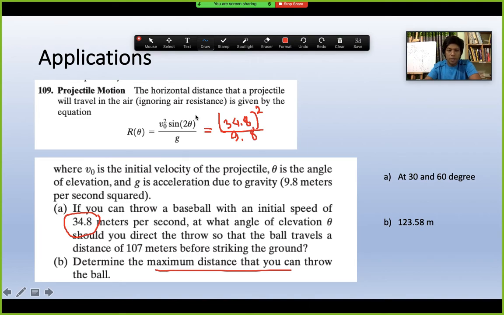Why do we not have to use any angle? The reason is, what is the maximum value of sine 2 theta? Do you know what the maximum value of sine 2 theta can be? You know that the value of sine theta can be maximum 1, and minimum is -1.